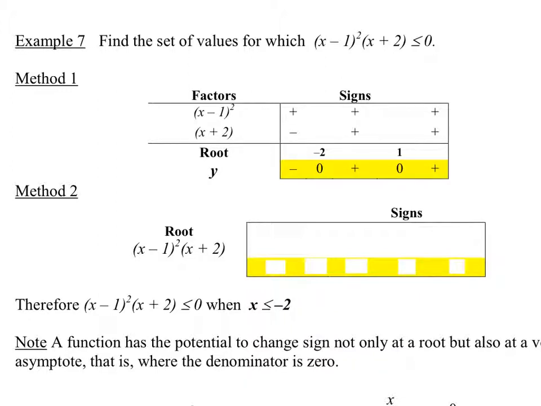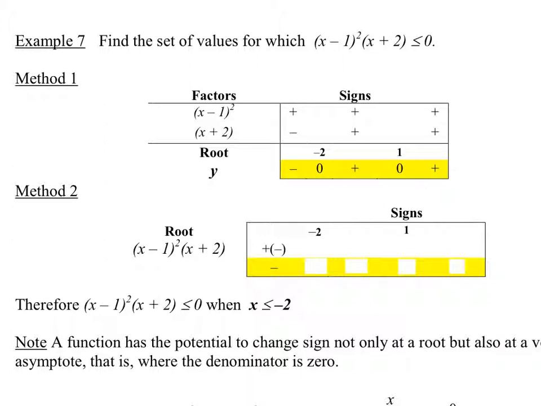If you want to do that a little bit more quickly, just put the roots -2 and 1 in here, and then do the calculation for whether this would be positive or negative in one step. If you do that, you'll get positive times a negative, giving us a negative.